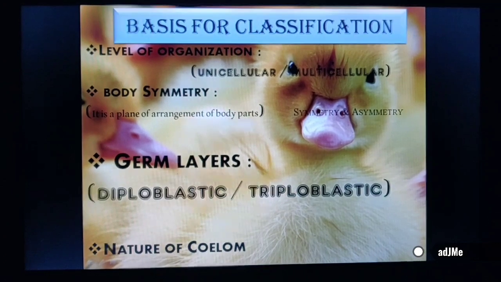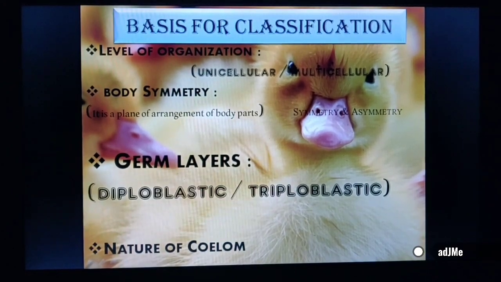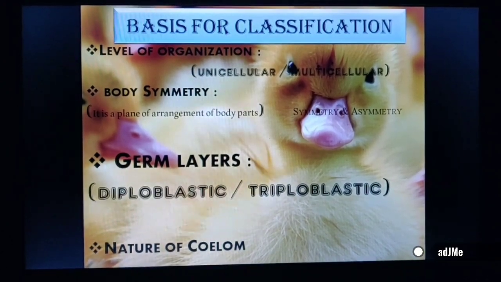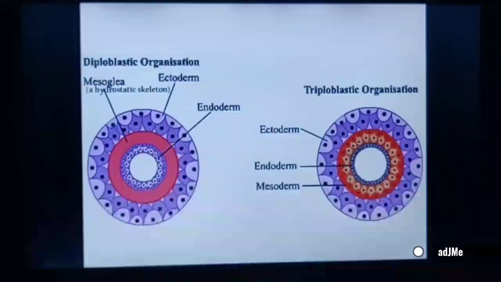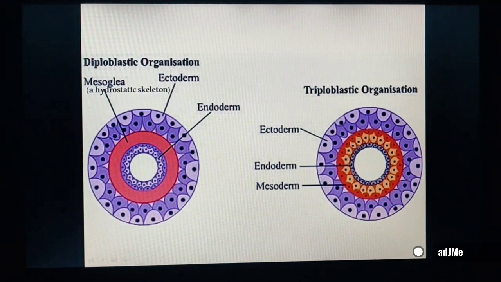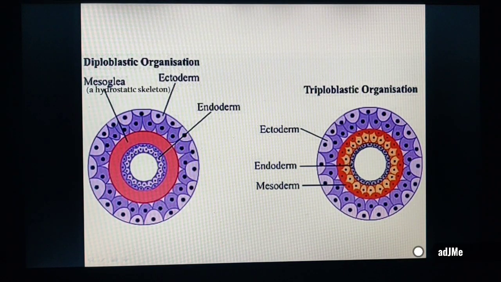Okay, so this you mainly come across during the embryonic development, inside a mother or inside an egg. So this picture shows two structures. The first one, on the left side, is a diploblastic organism, and the second one on the right side is triploblastic.